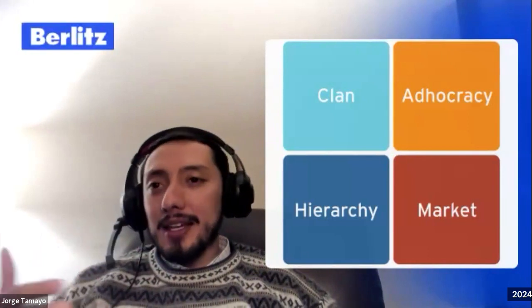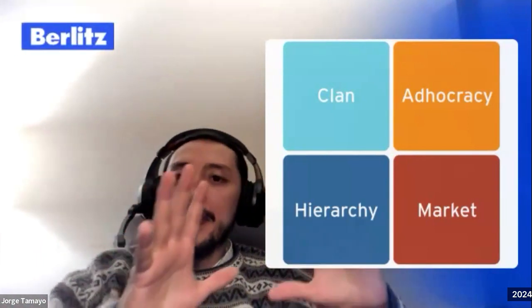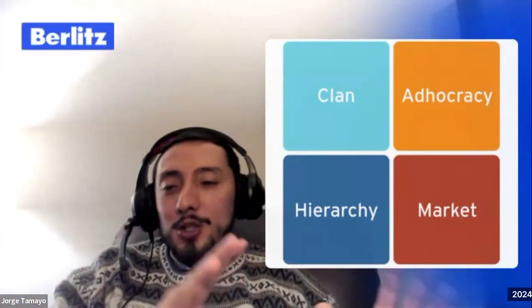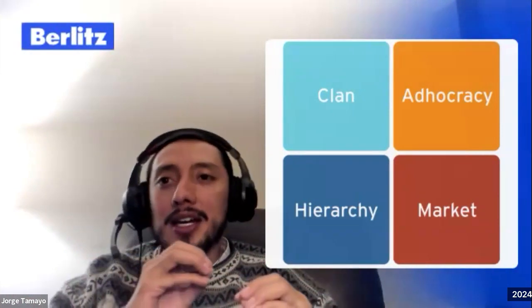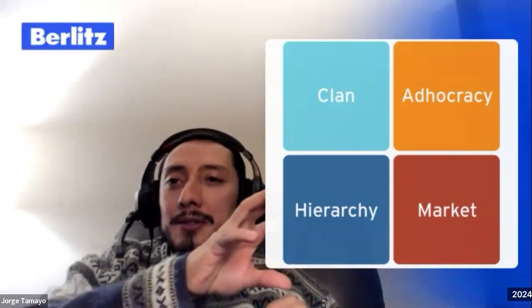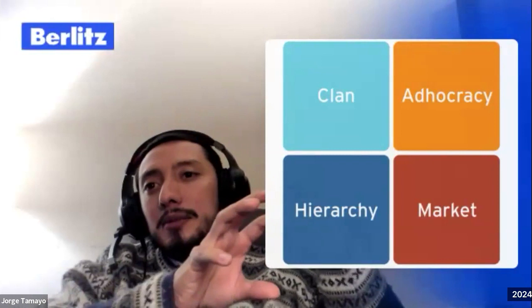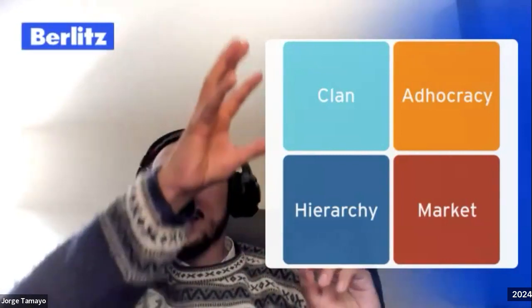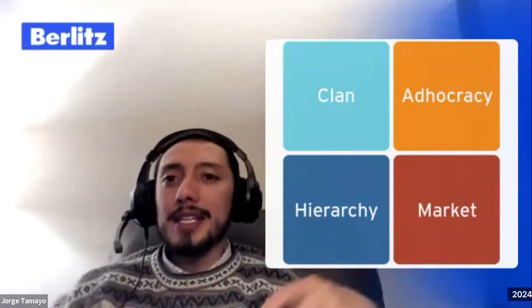Now, again, this is not entirely black or white. You might have a company that has a bit of hierarchy and a bit of market structure, right? You might have one that has a bit of clan and a bit of democracy, right?